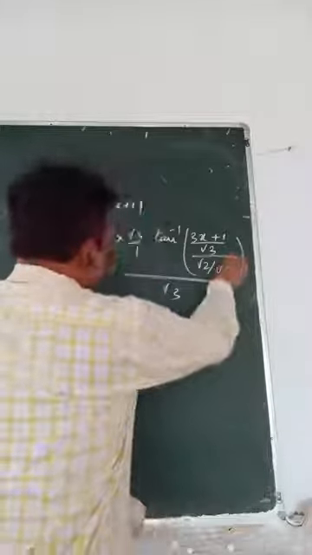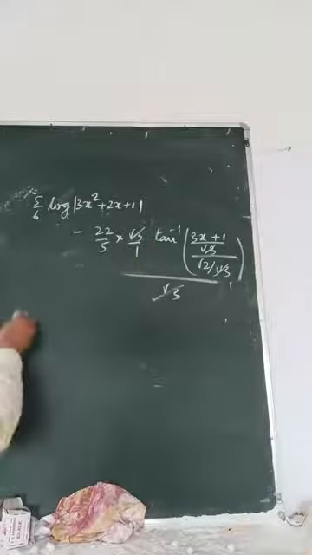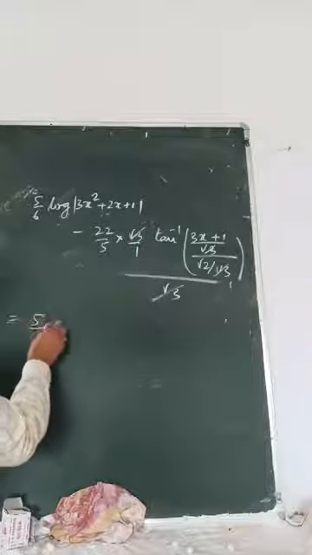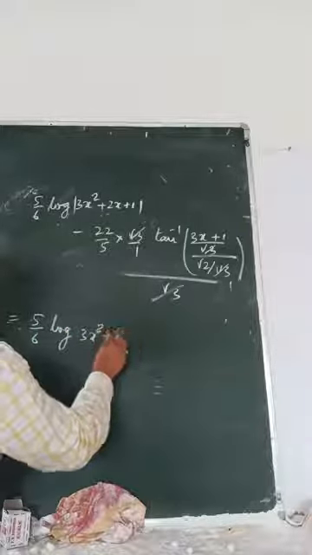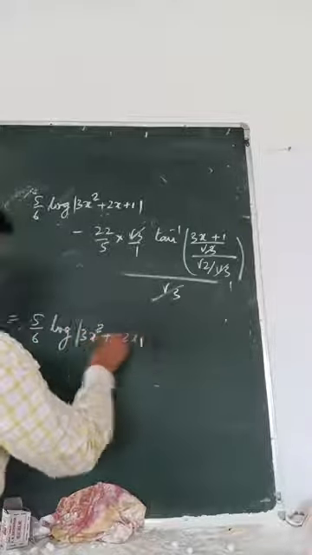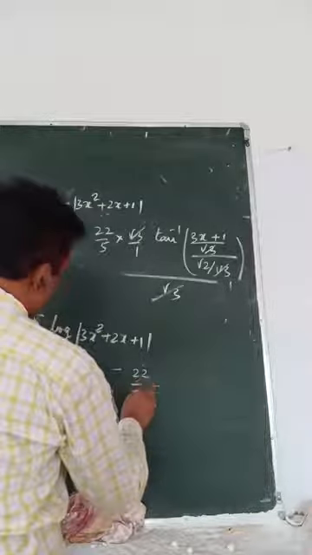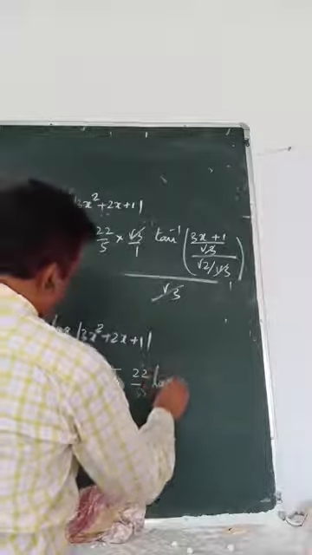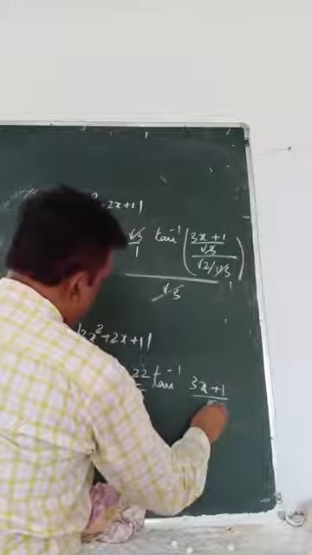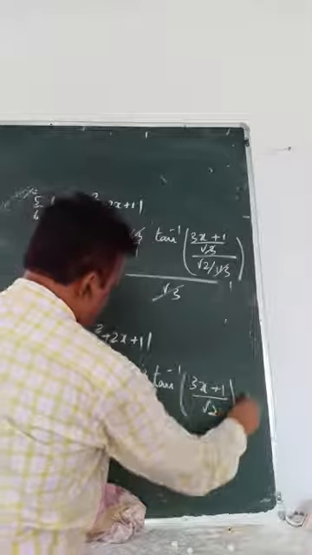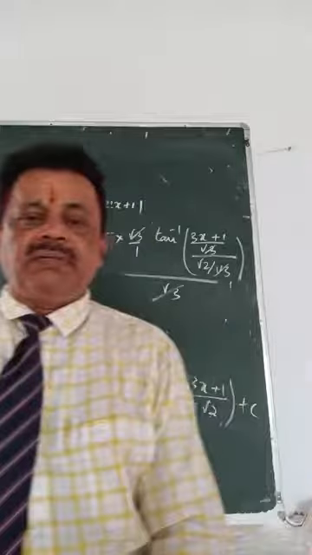Okay, this is cancelled, this is also cancelled. So conclusion: 5 by 6 log 3x square plus 2x plus 1 minus 2 by 5 tan inverse 3x plus 1 by root 2, plus c. So it was a bit complicated. Let me take one more question on this.